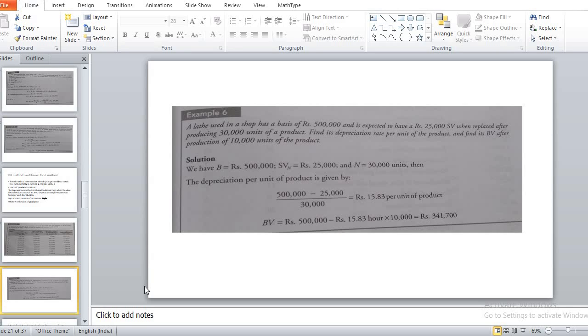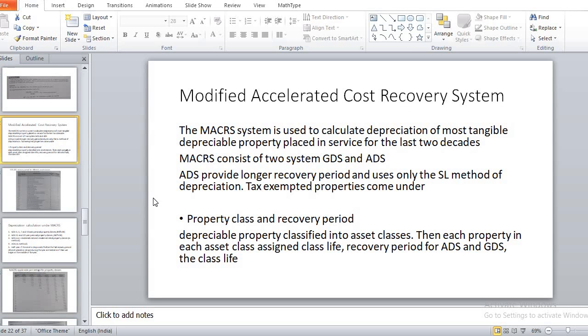Now another approach is the modified accelerated cost recovery system, short form MACRS.